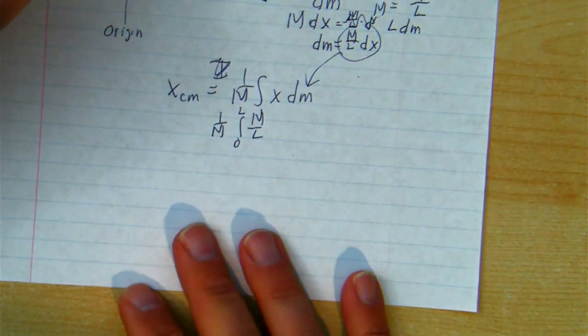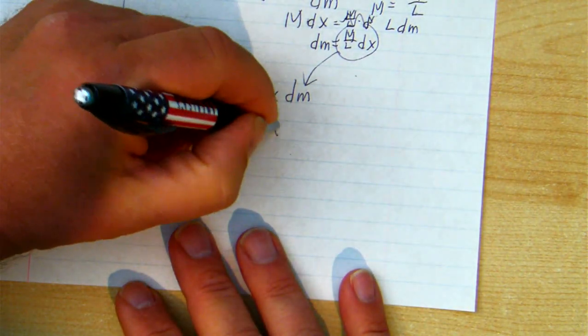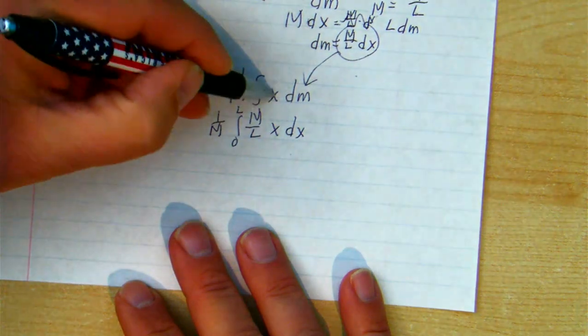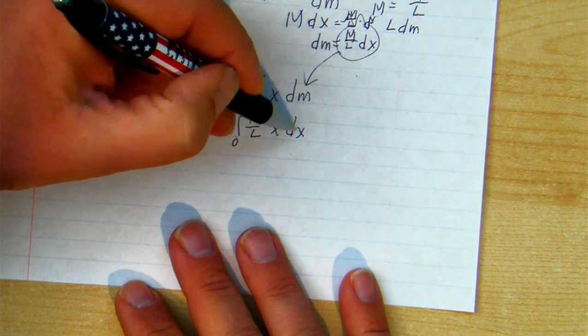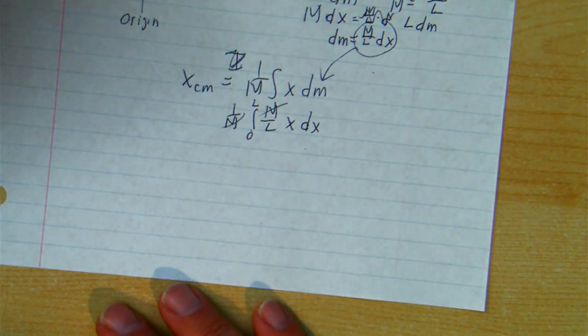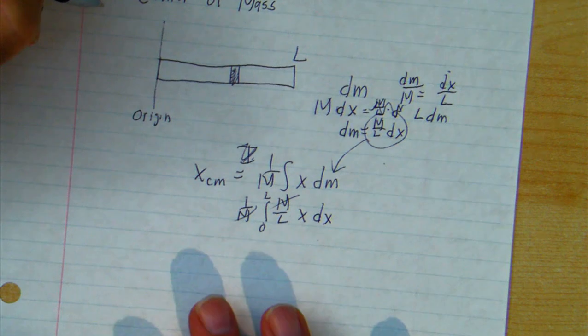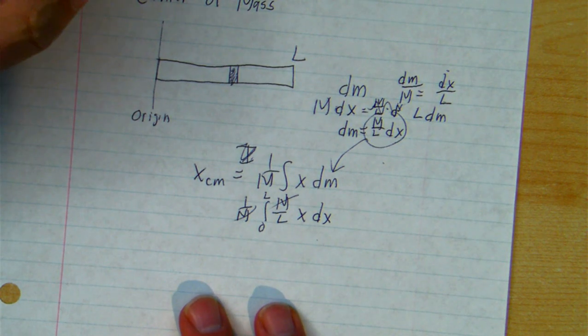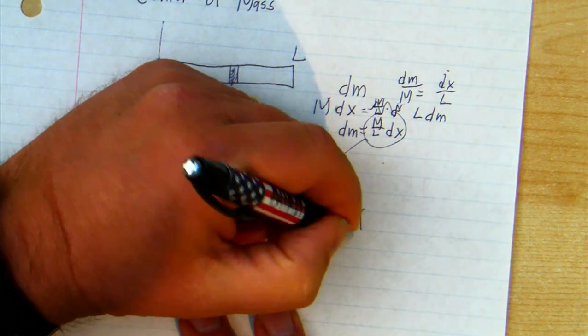And so the integral becomes 1 over m, the integral from 0 to L of m over L x dx. Well, the masses cancel, which is nice because it's uniform mass, uniform density, and you would like that to happen.